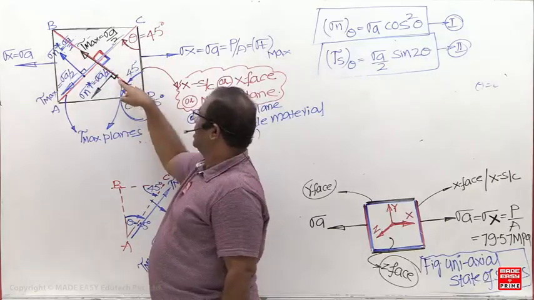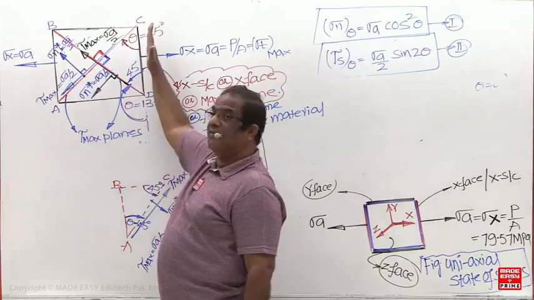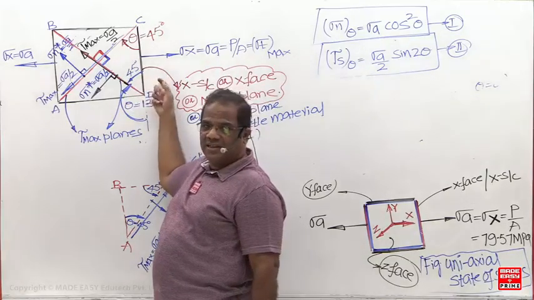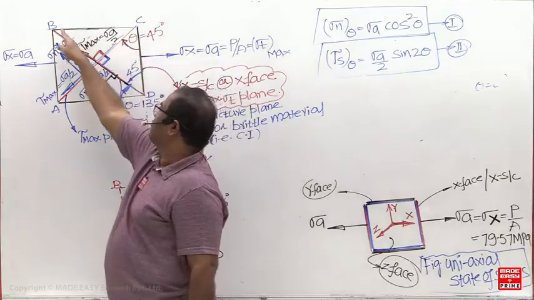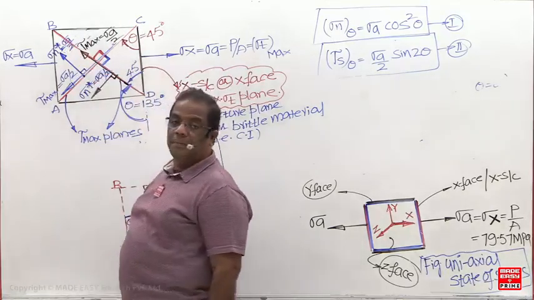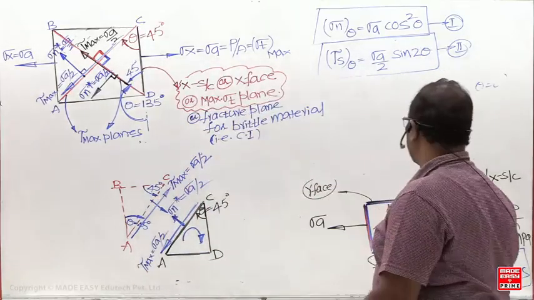Then what do you do now? This plane, AB plane, BD plane. We are measuring the theta from which face now? Theta you are measuring from the left side X face like this. First complete this triangle. Which triangle now? BCD triangle, you can complete it now. Complete the BCD triangle.